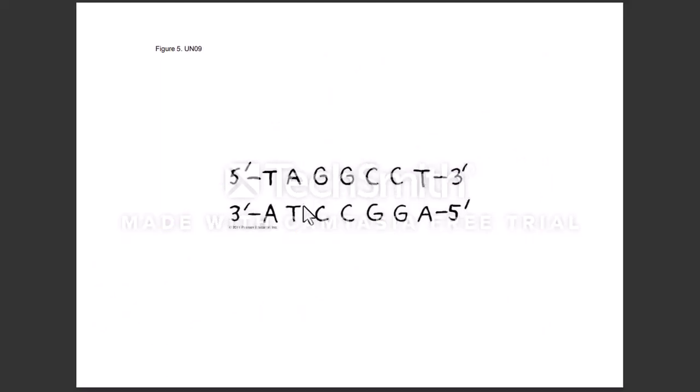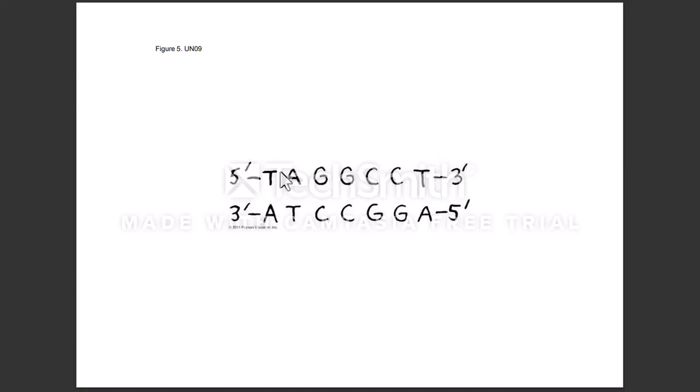So for example, if we take this as our substrate, remember we said DNA is always anti-parallel, meaning that one strand runs from 3' to 5', and the other strand runs from 5' to 3'. And we said that the nitrogenous bases are complementary.